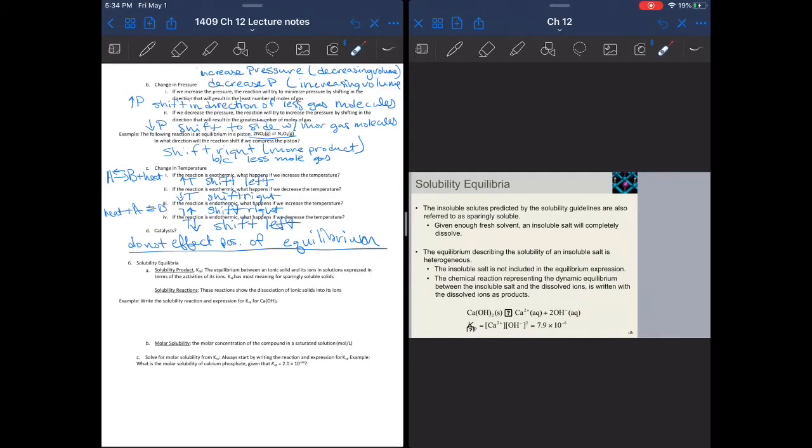Because if you keep washing that water away, if there is an equilibrium of solubility, you are eventually, over time, going to lose that salt. It will dissolve.